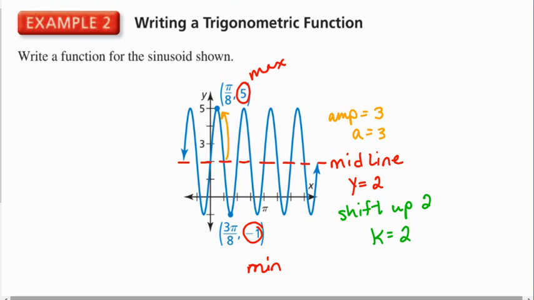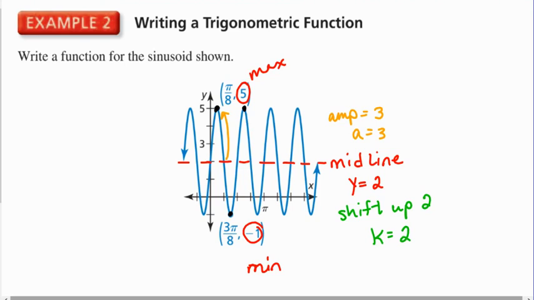Okay, so if I go from this highest point of pi over 8 down to this lowest point of 3 pi over 8, that's half of a cycle. Do that again, and that's a full cycle.